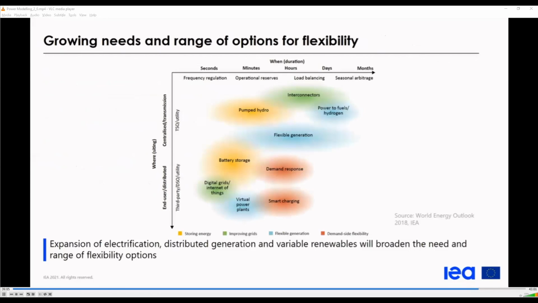These options range from very short-term flexibility, within the minute or even a second time frame, on the left, for which storage is quite well suited, to very long-term seasonal arbitrage, where grids would play a role. Flexible generation is a bit everywhere in this landscape.